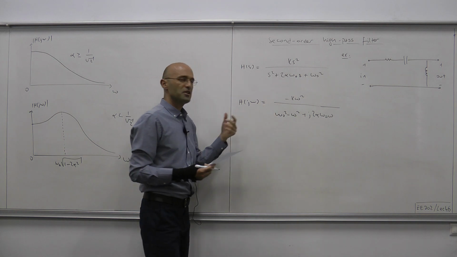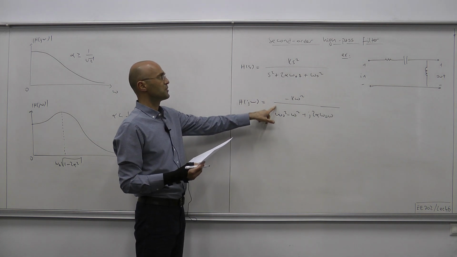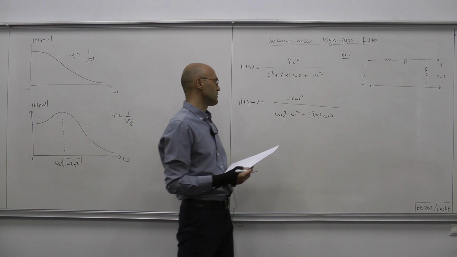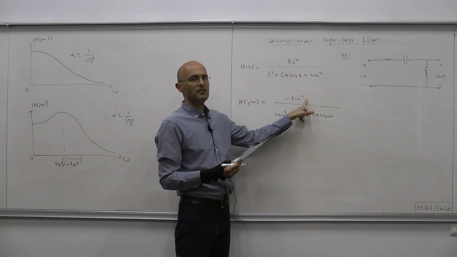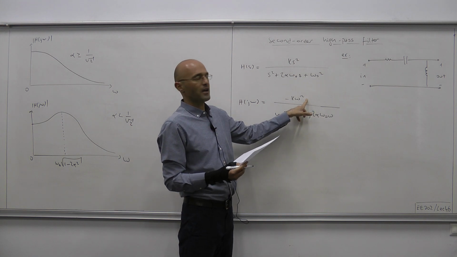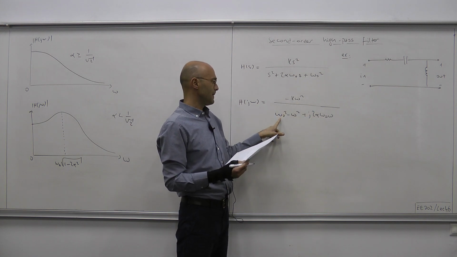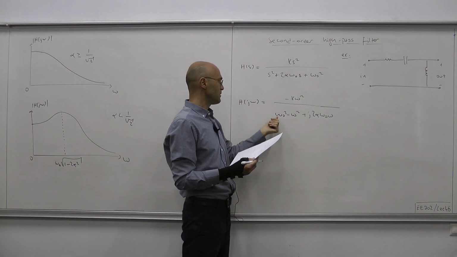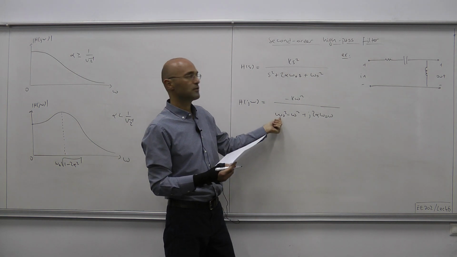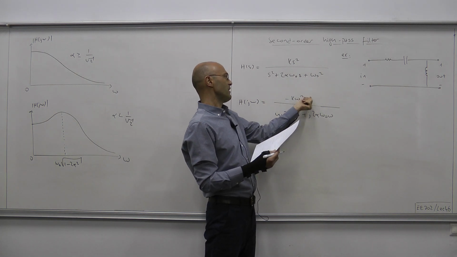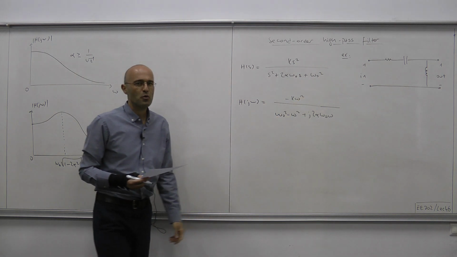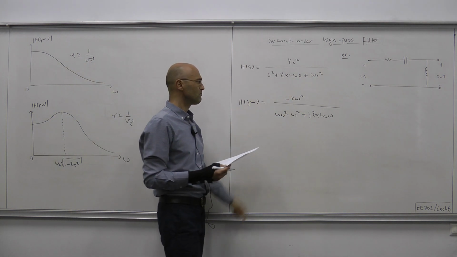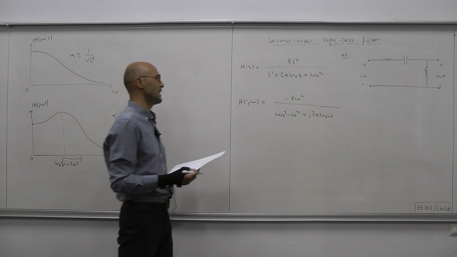From this expression, it's also clear why this produces high pass filter characteristics. At very low frequencies the numerator almost becomes 0, and the denominator is dominated by this omega 0 squared term. So what we have is something very close to 0 divided by omega 0 squared, so that produces 0. At low frequencies we don't see much gain.